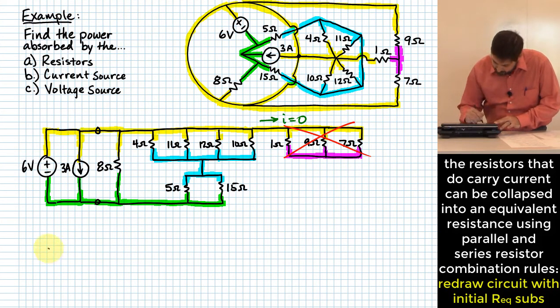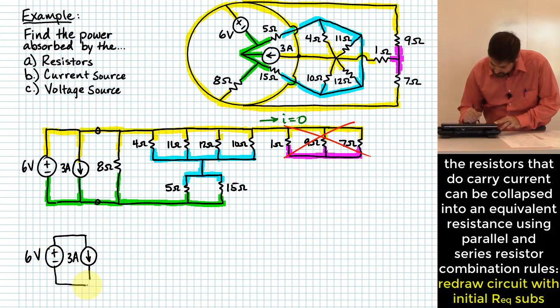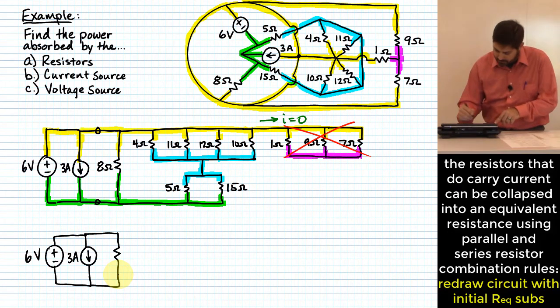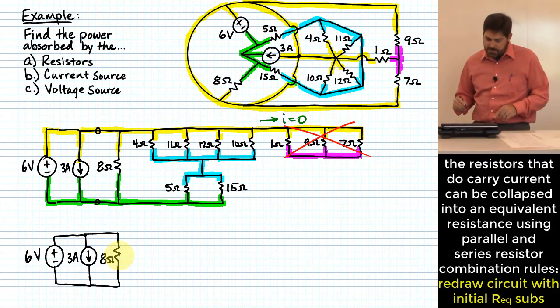Okay, tell you what, I'm going to redraw the circuit as I go along, and I think this is a really good idea for people who are kind of still beginning, even for people who aren't still just beginning. It's a good idea to do sort of a redrawing of the circuit for each one of the simplifications that you make as you go along, right? So here, this is an 8 ohm resistor.